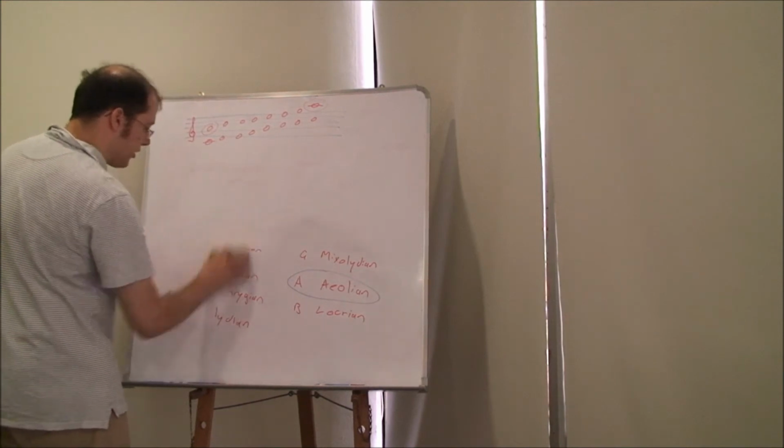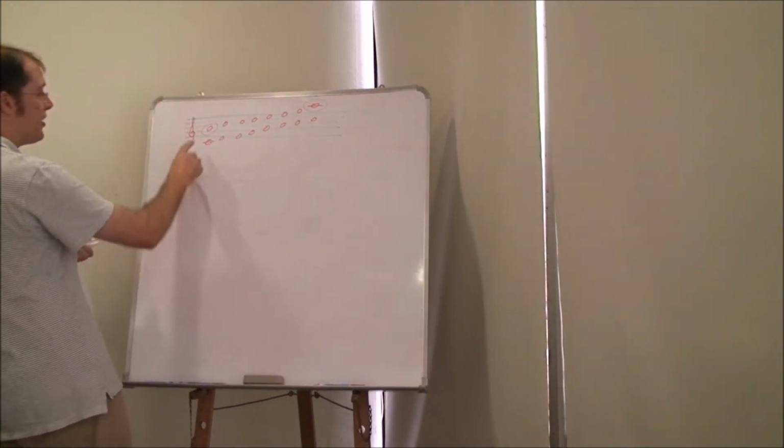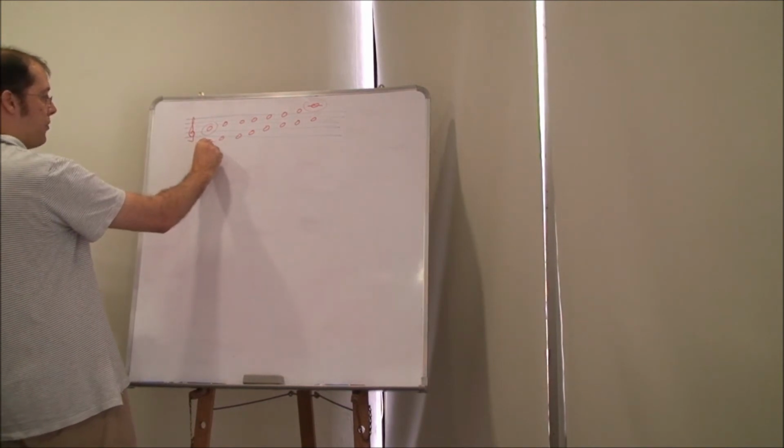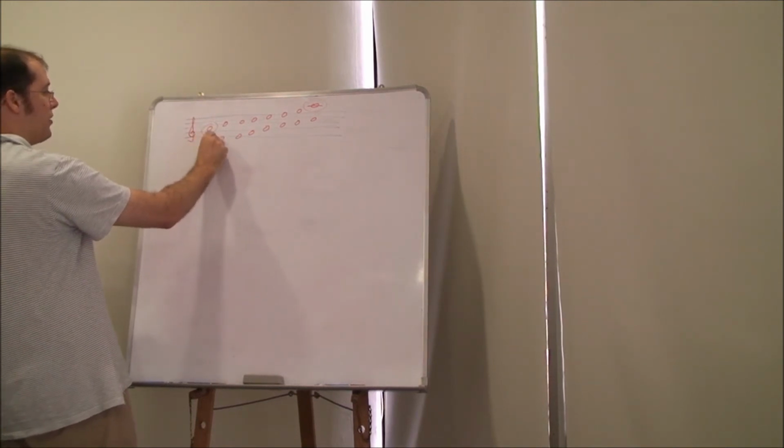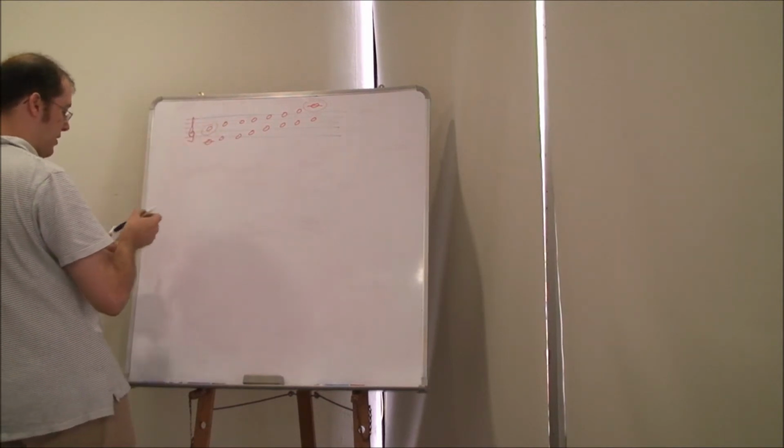And so each note: if you go the first mode, D is the second, E is the third, F is the fourth, G is the fifth, A would be the sixth.